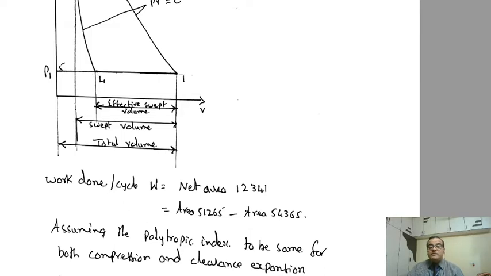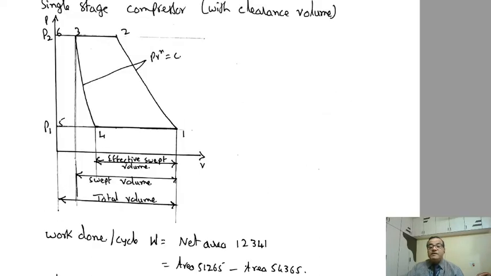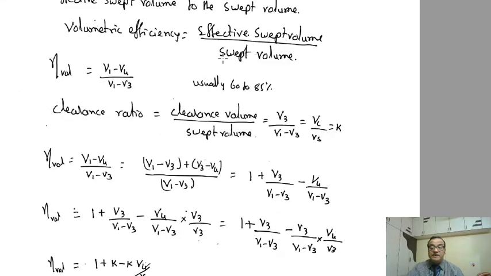So total volume minus clearance volume will give swept volume. Now effective swept volume is up to V4, V1 minus V4, and that's what has been shown here. So volumetric efficiency is V1 minus V4 divided by swept volume, V1 minus V3. Usually the volumetric efficiency of any compressor will be between 60 to 85%.